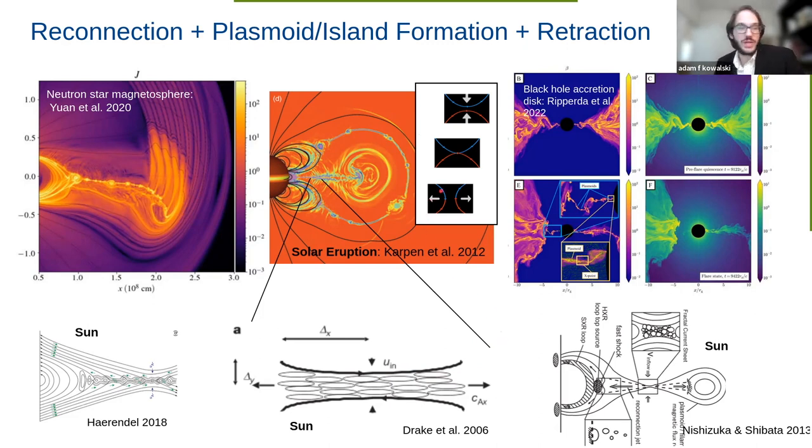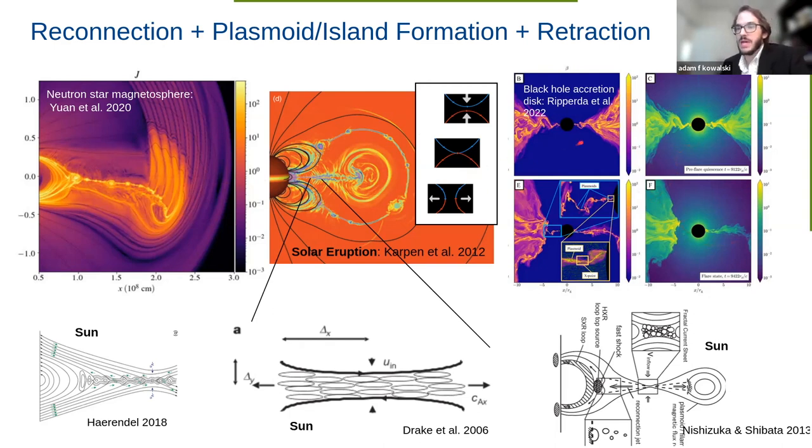Simulations of reconnection in other astrophysical scenarios are also showing these plasmoid structures. On the left is a simulation of a neutron star magnetosphere, where the plasmoids are these little knots here in the reconnection region, or in the neutron star. And on the right is a simulation of an accretion disk around a supermassive black hole, where they zoom and point to specific plasmoids.